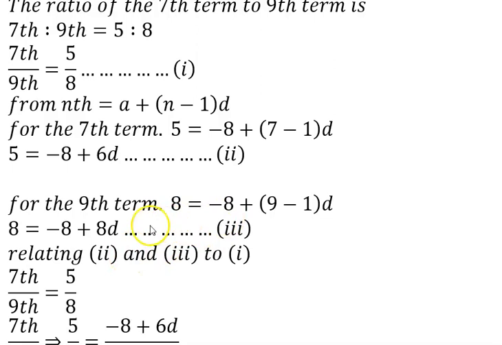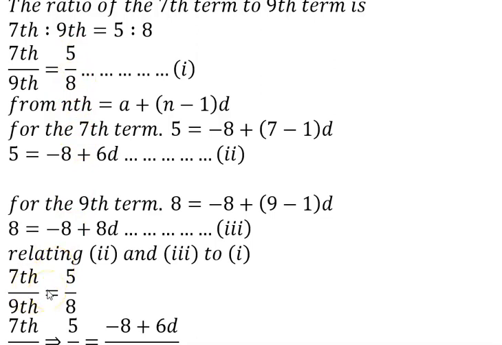let's relate this equation 2 and this equation 3 to this equation 1 that we have here. We just input all we have in equation 2 up here, and all we have in equation 3 down here. Awesome. So don't forget, this is where we have 7th ratio 9th in position form equals 5 ratio 8.